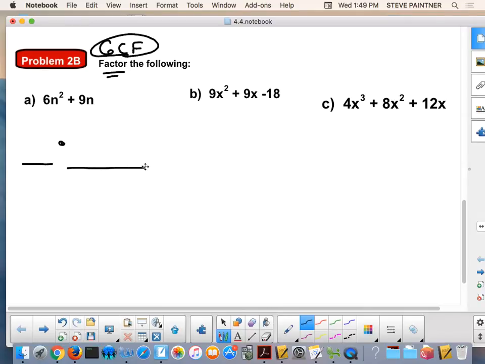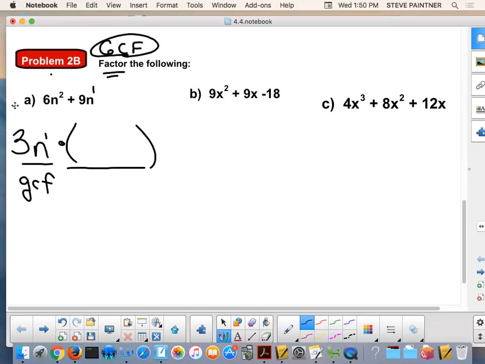It's this times this. First goes what? Okay, what goes into 6 and 9? 3. They have an n and an n squared, so take out n. The secret, just so you know, is that you always take the lowest variable exponent, always.